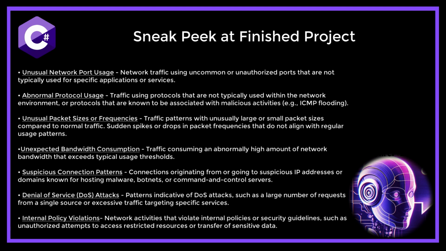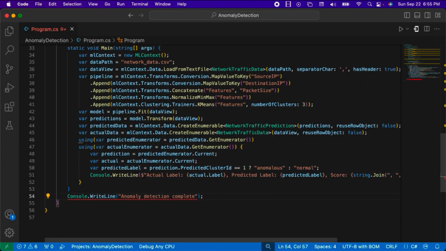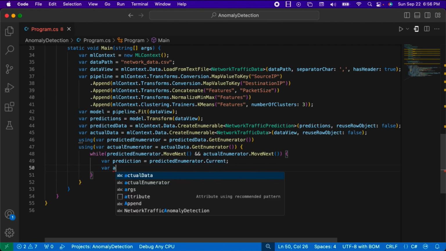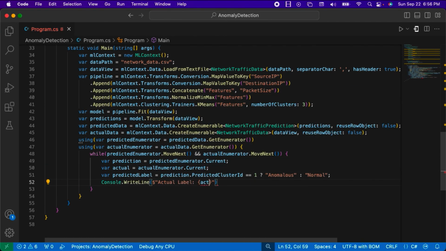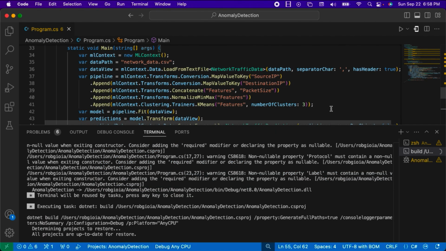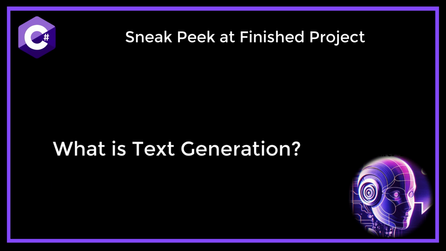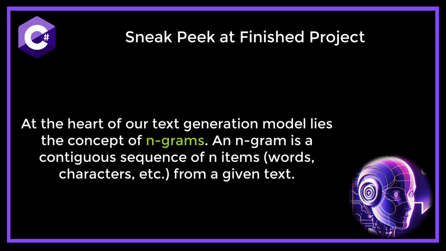Anomalies in network traffic can indicate potential security threats, operational issues, or unusual activities that require investigation. By the end of Section 13, you'll have built a complete anomaly detection system for network traffic using ML.NET and C#.